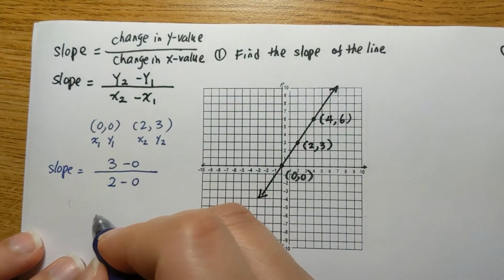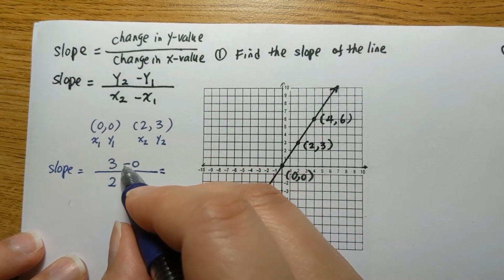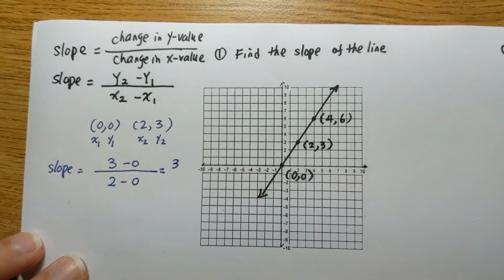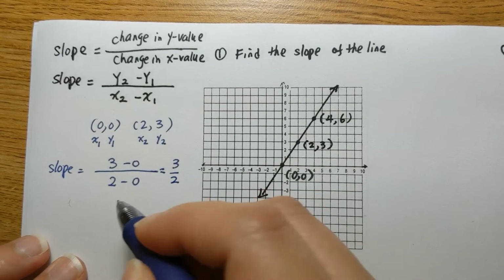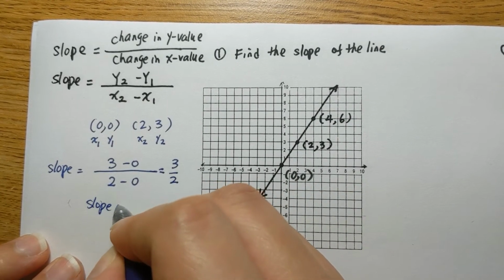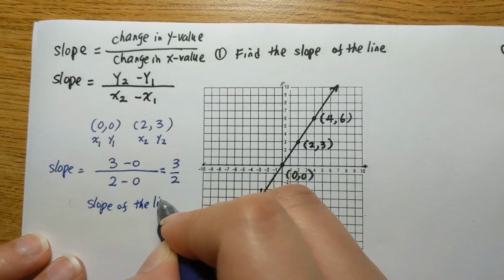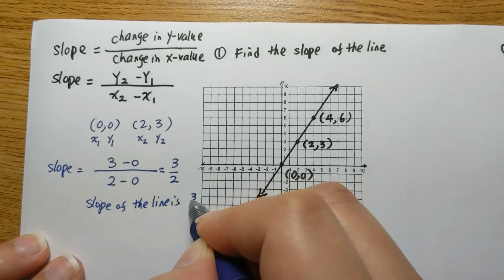And then we are going to simplify. So 3 minus 0 equal 3, and then 2 minus 0 equal 2. So therefore, slope of the line is 3 over 2.